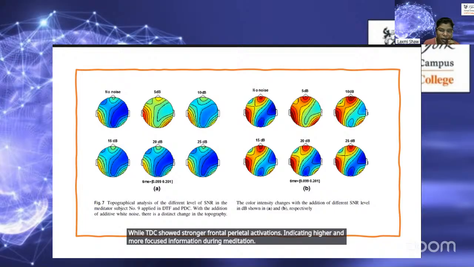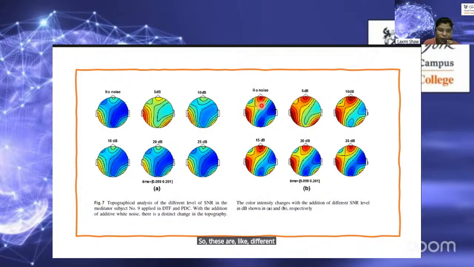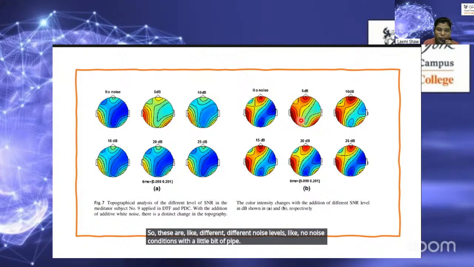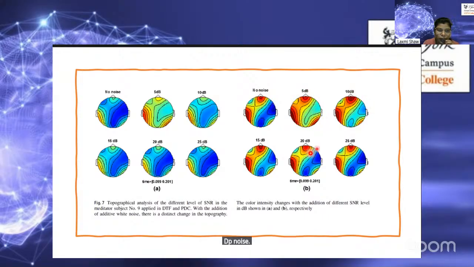These are different noise levels: no noise, then 5 dB noise, 10 dB noise, 15 dB, 20 dB, and so on. Similarly, this is the DTF, whereas this is the PDC. PDC gives us more information regarding the neural information flow in comparison to the DTF.